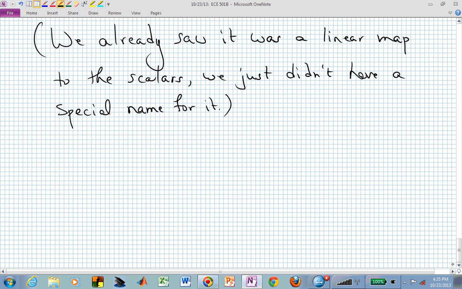Now what's surprising is that a linear functional doesn't have to start with a vector. Well, let me just try to state it, and then we'll see how to interpret it.